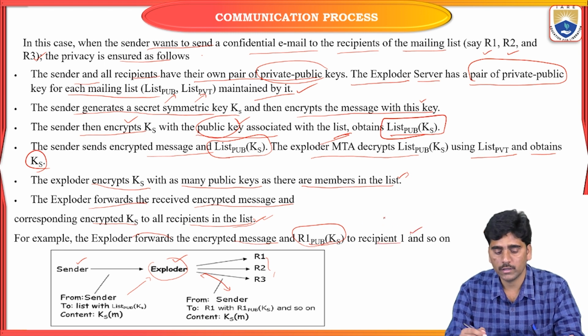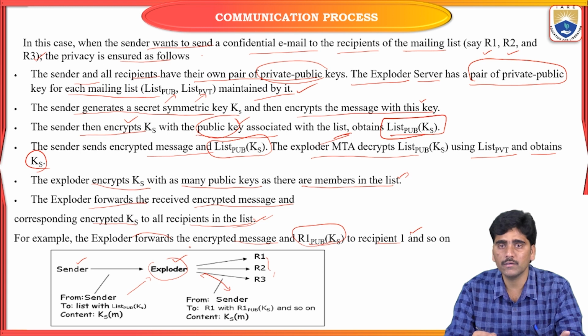So now the exploder has the public keys for the sender side, and the receiver has the mails from the sender side, R1 with the R1 list of public keys, and so on. So the content is what? Some symmetric key of the message.